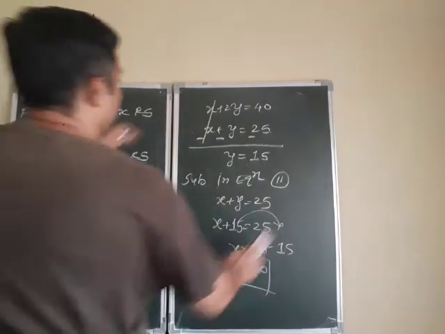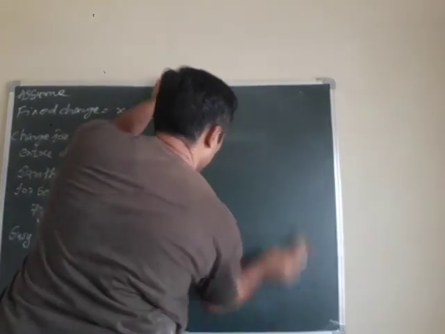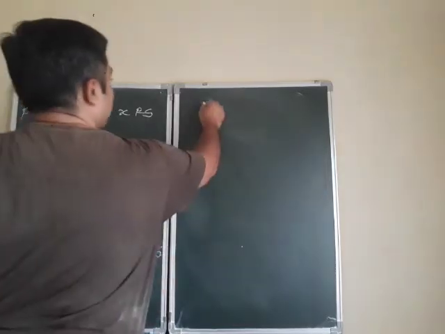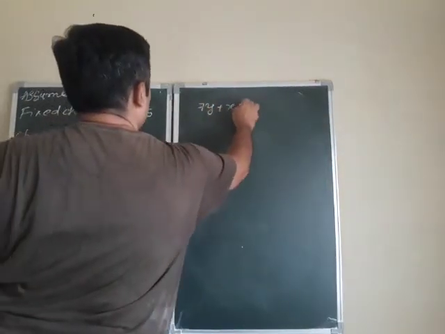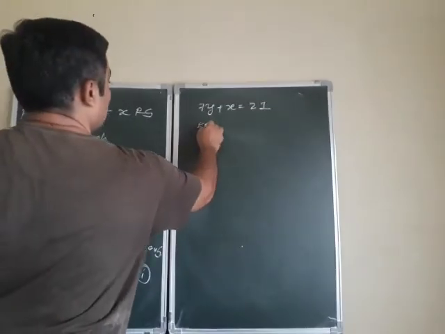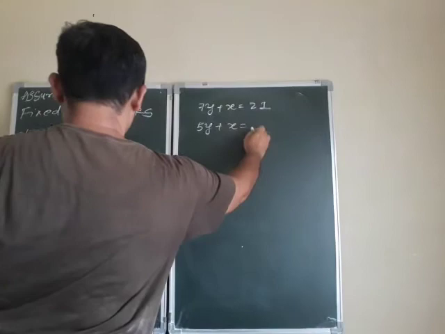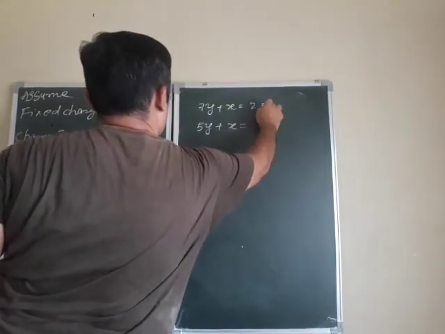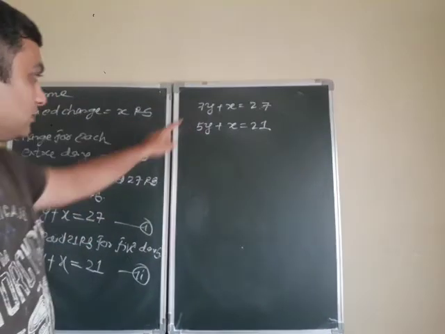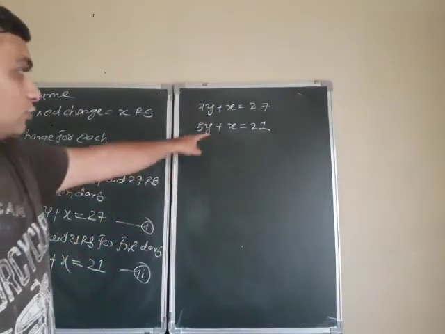Ready? Now see, here in the first equation and second equation, the coefficients of x are the same, so no need to multiply or divide any equation. We just write the first and second equation. 7y plus x is 27 and 5y plus x is equal to 21.